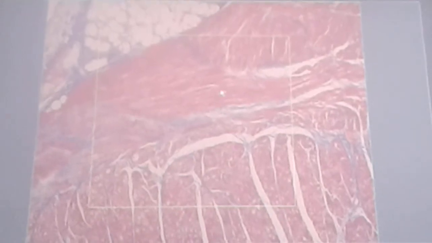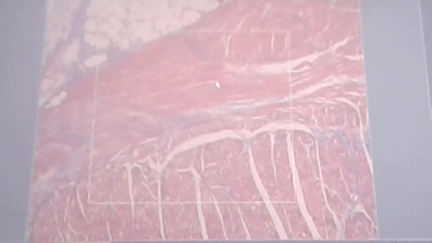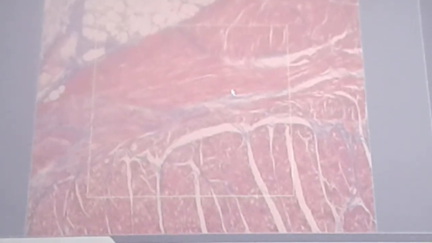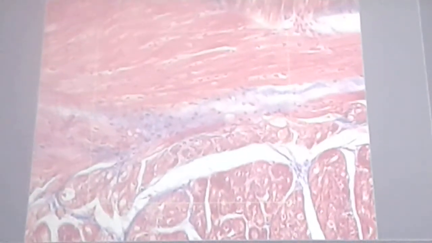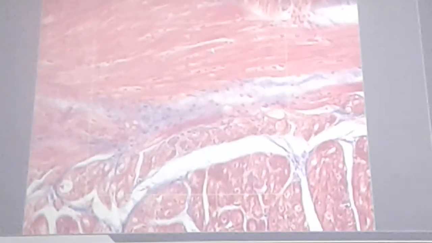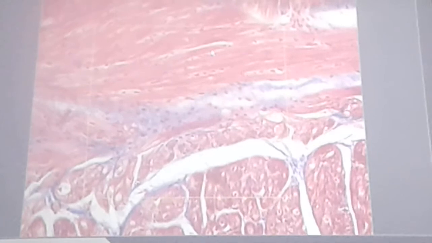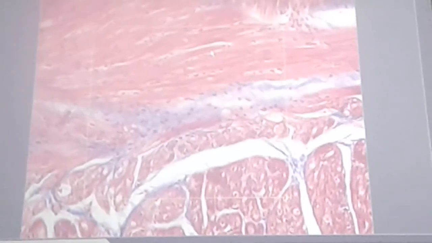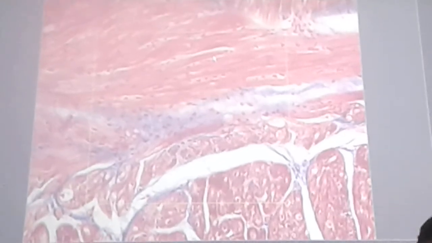See, these bundles of cardiac muscles are cut longitudinally, and when you look in depth, you will see that cardiac muscles also have striations. Although they are involuntary, they have striations, okay?